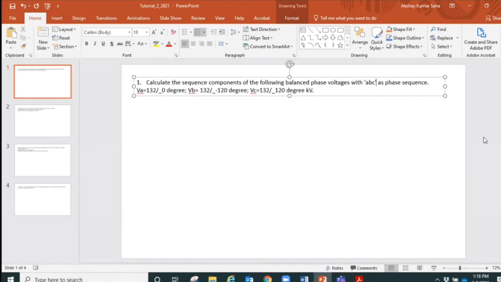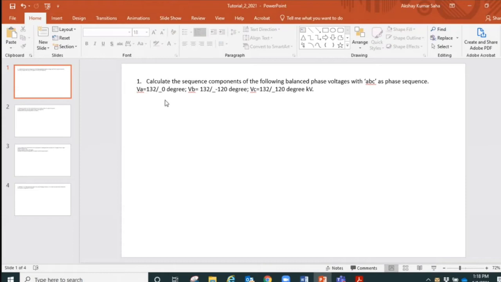VA, VB, VC are given. VA is 132 kilovolt at 0 degree. VB is 132 kilovolt at minus 120 degree. VC is 132 kilovolt at 120 degree.